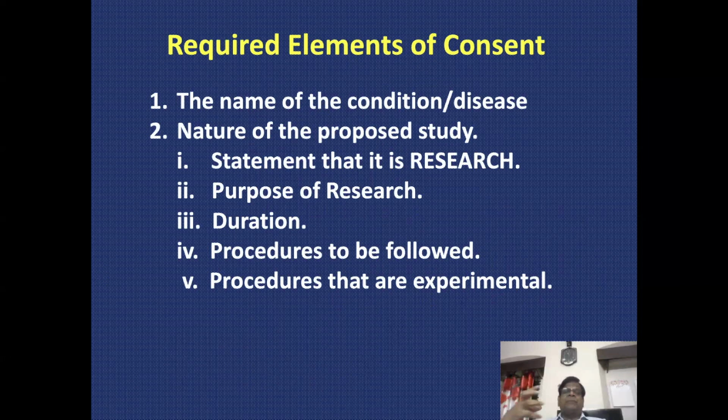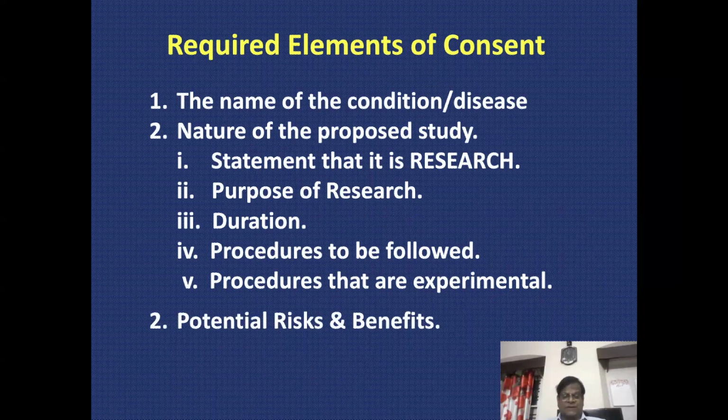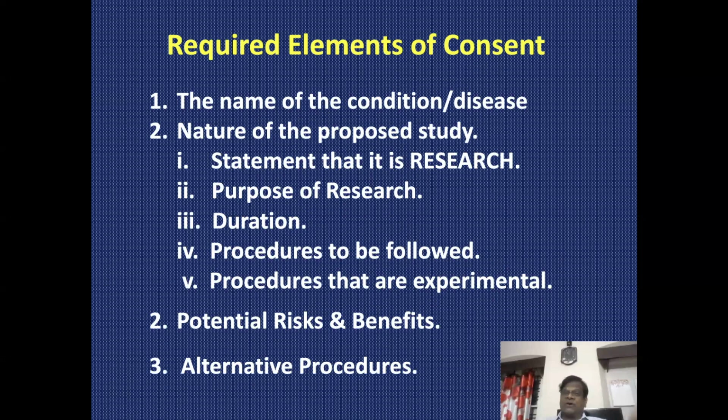Many people agree thinking that it is part of the treatment. No, it is research. Then the purpose of the research should be told to them, how long you are going to do the research on the person, the procedures that will be done, the procedures that are experimental, the potential risks and benefits, and the alternatives available to the person which he can undertake.